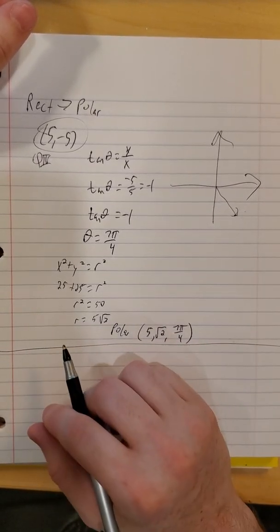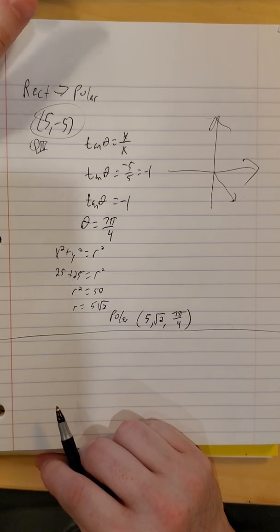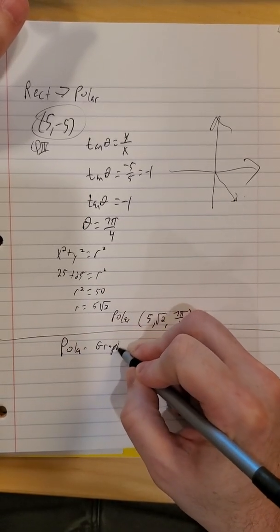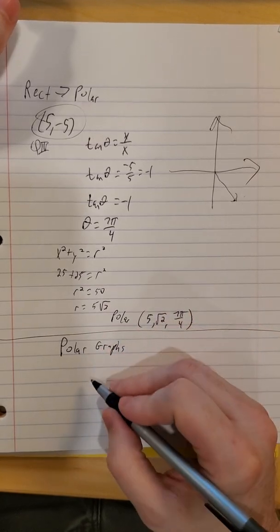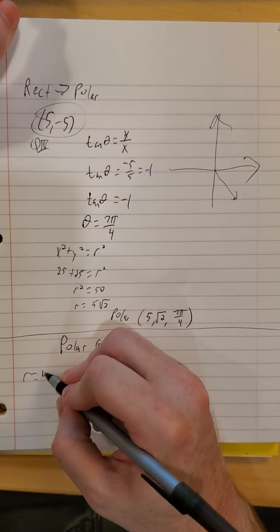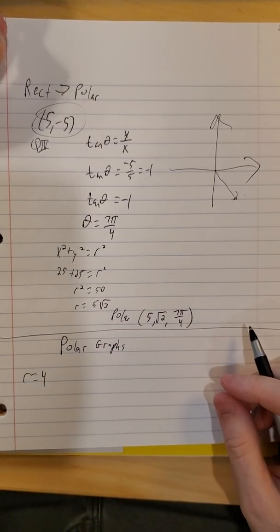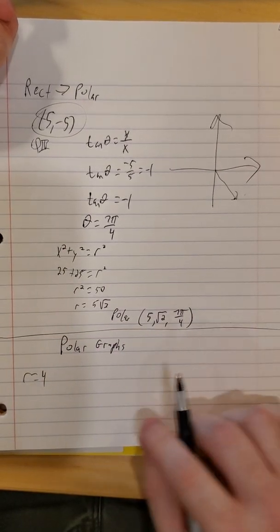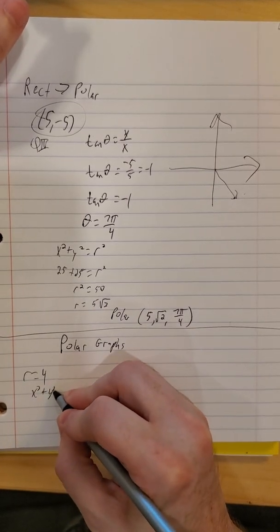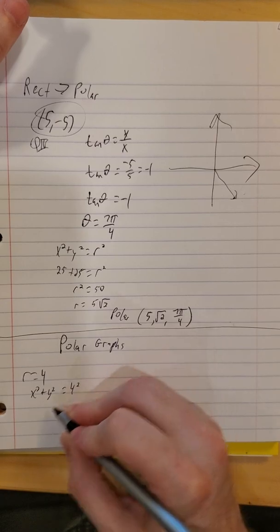All right, so then we get to play with some polar graphs. We'll start with just r equals 4. Just what it sounds like. If r equals 4, well, x squared plus y squared is r squared.